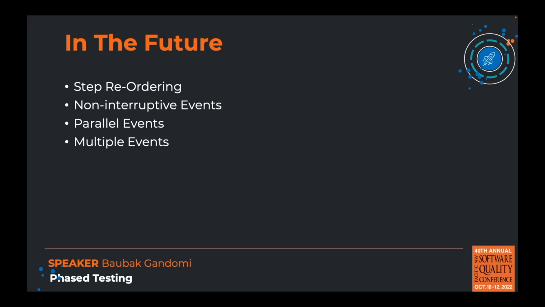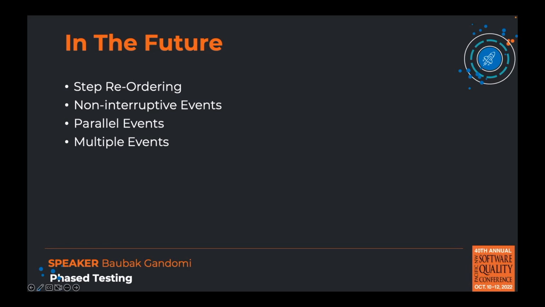Again, we'd also like to work on multiple events. But there, who knows, there are a lot of other domains of testing, and I'd be happy to see if anybody has other ideas. We think this is very exciting, and we'd love to see ideas or suggestions, so feel free.